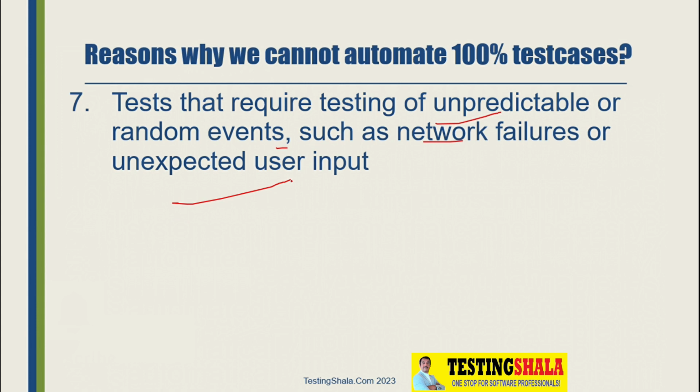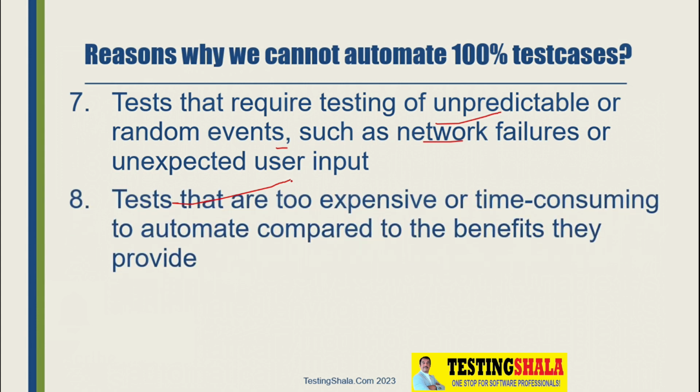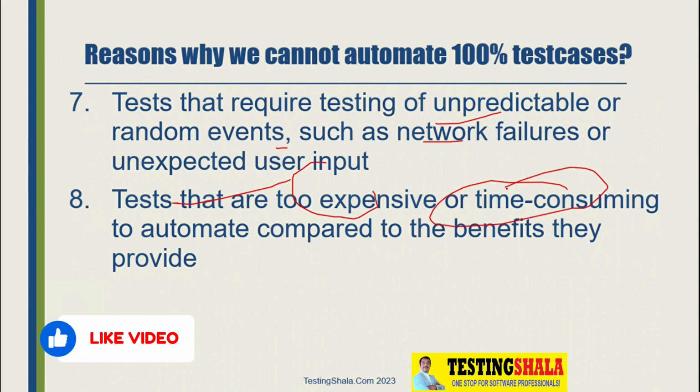And the eighth reason would be test cases that are very expensive and time consuming. If one test case is very complex in nature and consumes a lot of energy and effort compared to other test cases, then we should ignore these test cases, because they do not give a good return on investment.